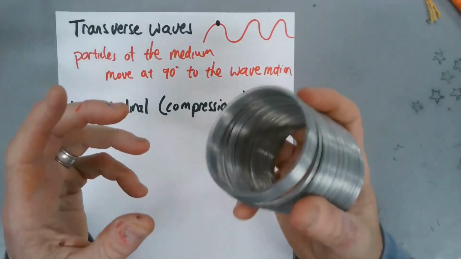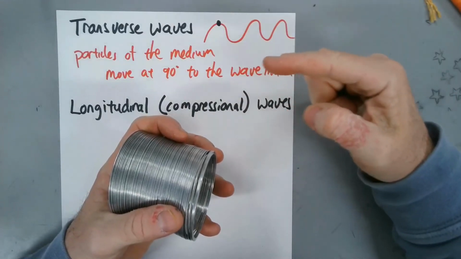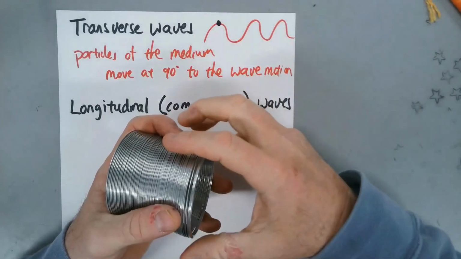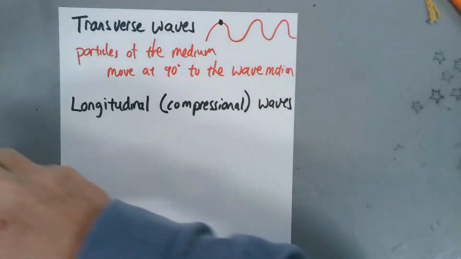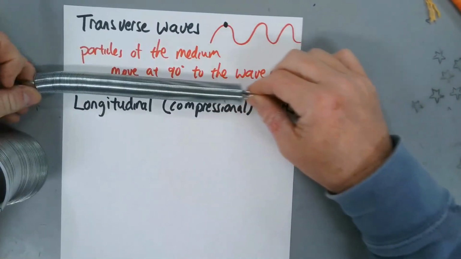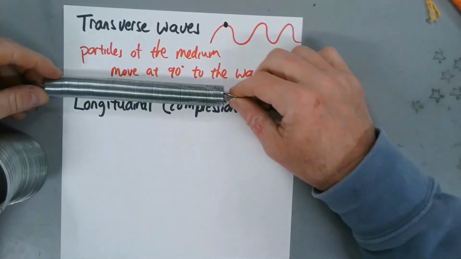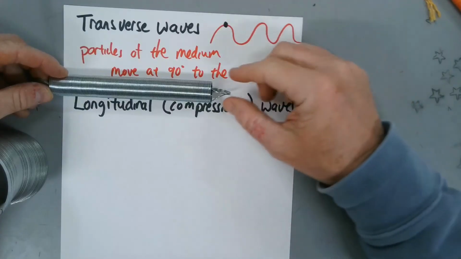Our spring and mass systems, however, didn't move like this. They moved this way. Think about our spring and mass systems. We stretched the spring and it moved this way, and then it came back and forth, moving back and forth like this, as opposed to this way.